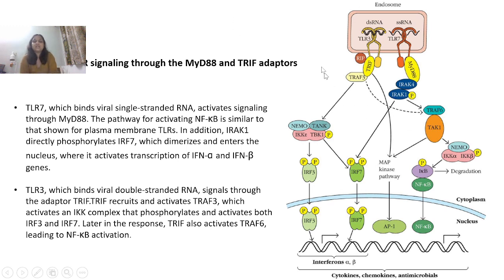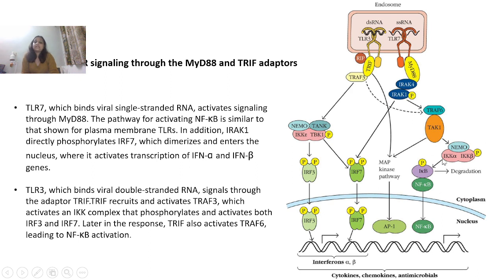So here you can see this TLR7 is binding to single-stranded RNA and is then recruiting MyD88, which again is in a similar pathway, recruiting IRAK4, IRAK1, then phosphorylation of IRAK1, which is recruiting this TRAF6 and TAK1 complex, which is then phosphorylating this. All these are kinases, this TAK1, IRAK1, IRAK4.